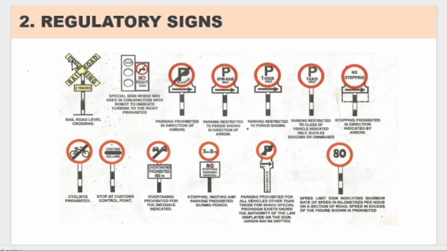Most students do get confused, right? They don't know where to put that railroad level crossing sign. Is it in the informative class? Is it in the danger warning signs? So it is important to listen to what I'm about to say right now. That sign is clearly in the regulatory class.